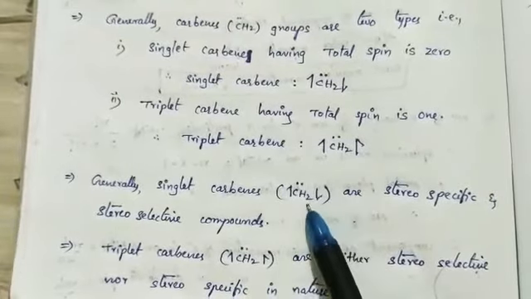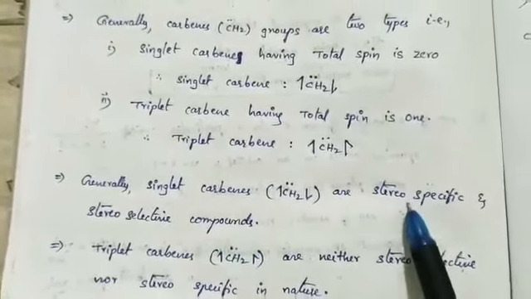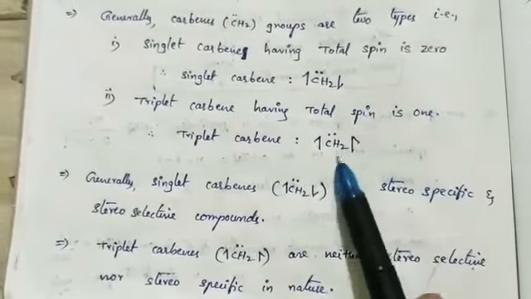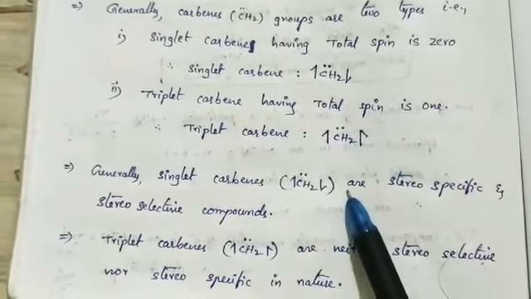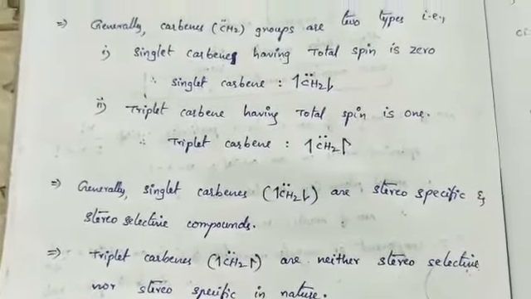Therefore the singlet carbenes are stereoselective and stereospecific because they are involved in the mechanism in a particular direction, but the triplet carbenes are neither stereoselective nor stereospecific.